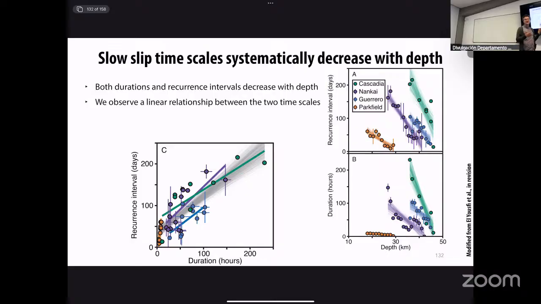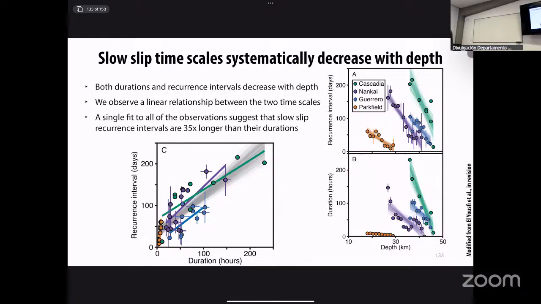So be it, there are obviously going to be differences between these 4 very different plate boundaries. But you could probably fit some big fat line through there, and fit all of them to the same trend. And you'd find that on average, recurrence intervals of slow slip are 35 times longer than their durations. That's just the scaling that they behave at depth.